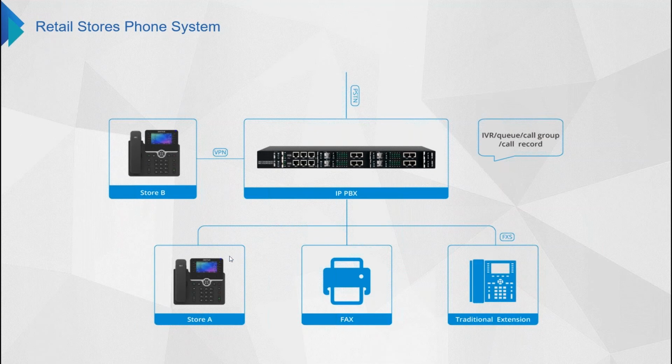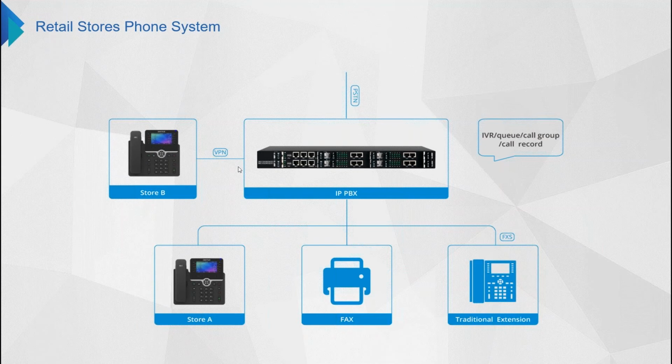Retail store also need to implement maybe a small PBX and put the very basic core features, but you have to check. Your store A, store B have to make a connection maybe in a different place.